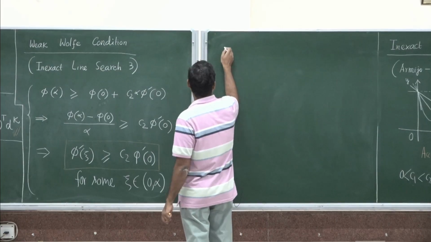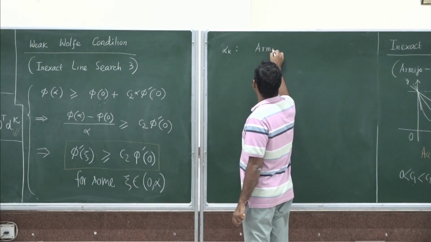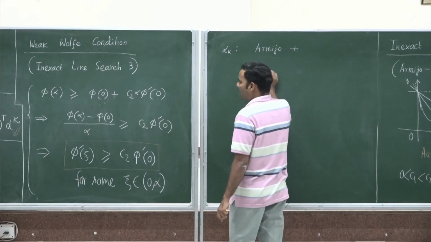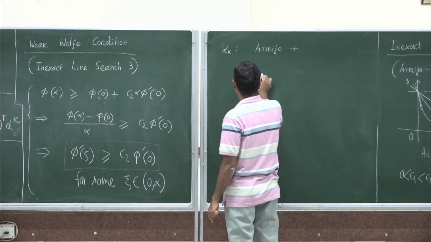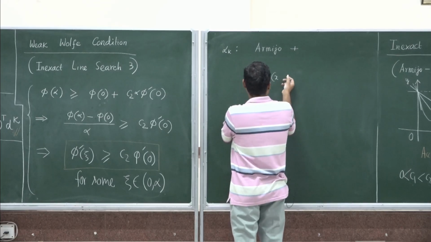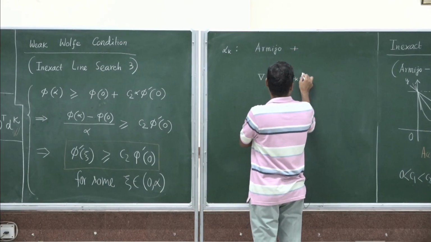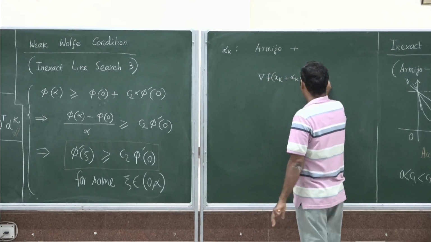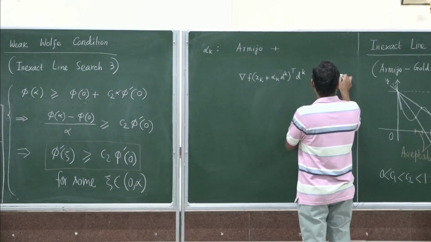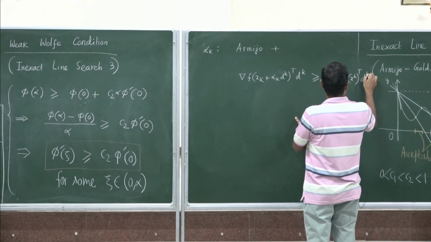The weak Wolfe condition is: choose alpha k such that you have the Armijo condition plus we have phi dash alpha k, phi dash alpha k will be gradient of f at xk plus alpha k dk, transpose dk, greater than or equal to C2 times gradient f at xk transpose dk.